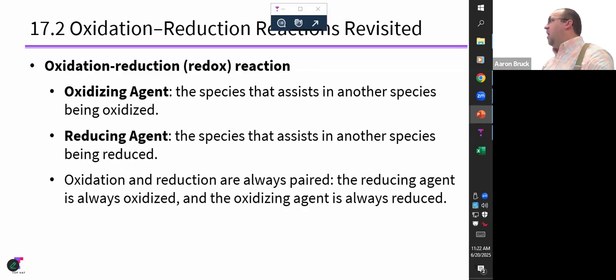And we can usually tell good oxidizing agents because they have high oxidation states. So if I look at my chemical formulas and I see, through oxidation numbers, something that's got a +6 or a +7 or a +5 as an oxidation state, I know it's going to be a pretty good oxidizing agent, because that high level of positivity is just begging for electrons.